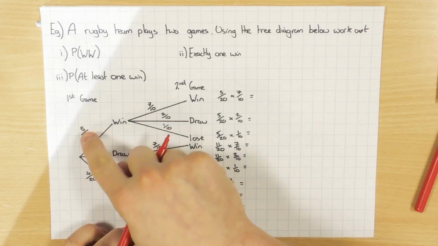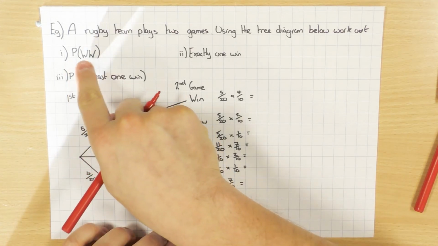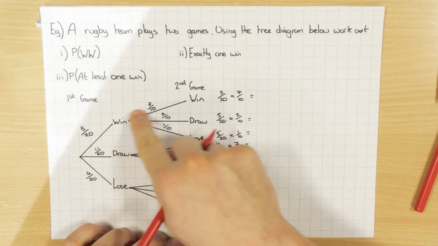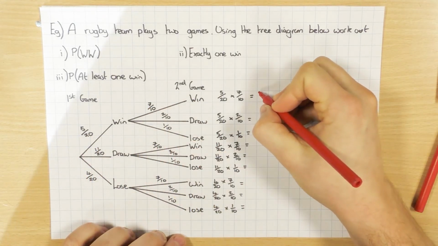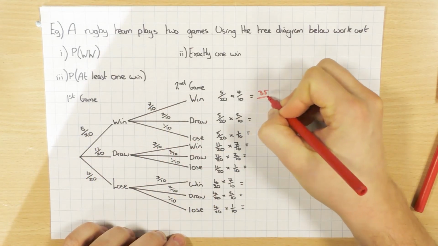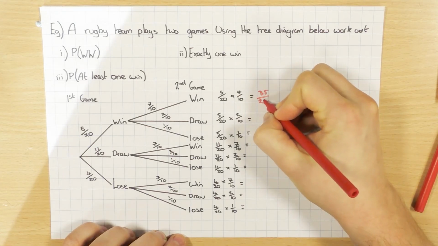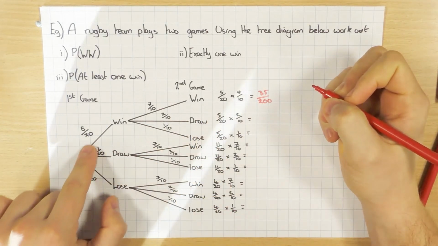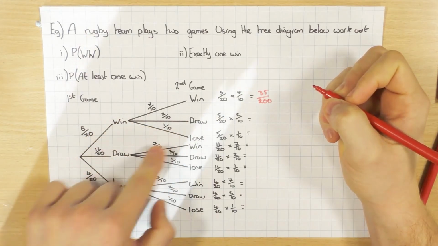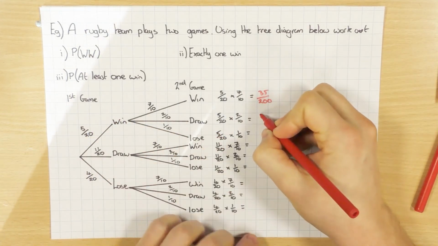So to work out the probability of winning both games, so win, win, I'll do 5 over 20 times 7 over 10. So 5 times 7 is 35. 20 times 10, 200. So I'm just going to work out the probabilities for all of them. As you can see here, I've just already written it out of multiplying across the branches.